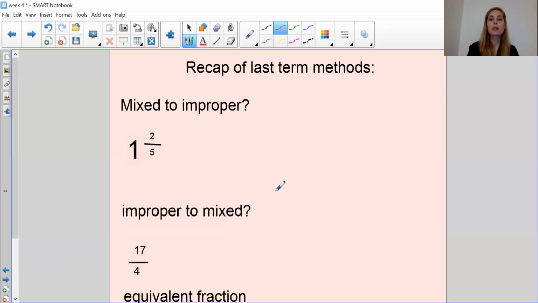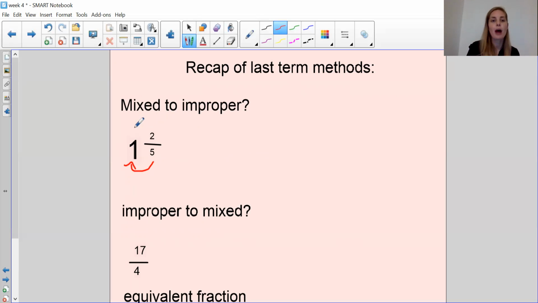So we're going to go through some of the concepts that we learned about last term, and these are very important because, as I say, a lot of it forms the foundation of our understanding moving forward. Okay, so we're going to be looking at our mixed to improper. Now, we did this one earlier in our big question, so hopefully you have been reminded of how we convert these fractions.